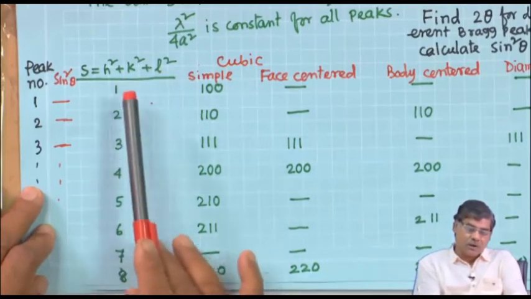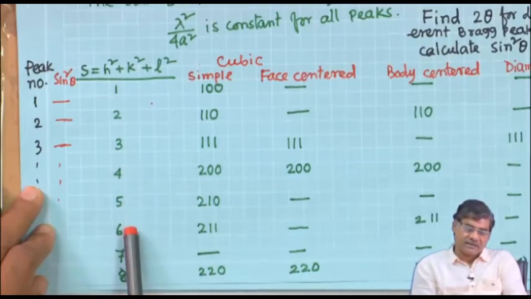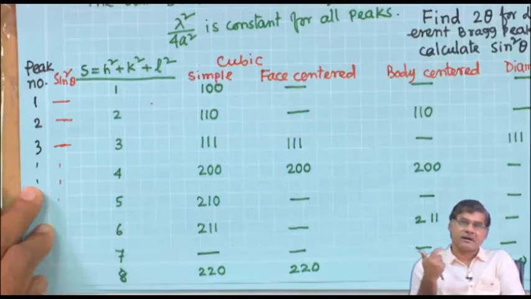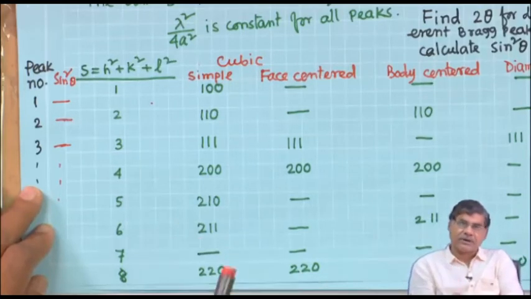So, it can be 1, 2, 3, 4, 5, 6, 7, 8, 9, 10, 11, you just write up to say 20. Here I have written up to 8.